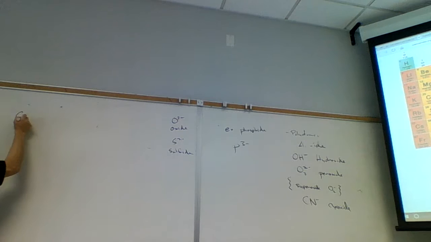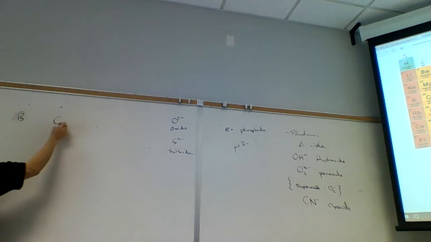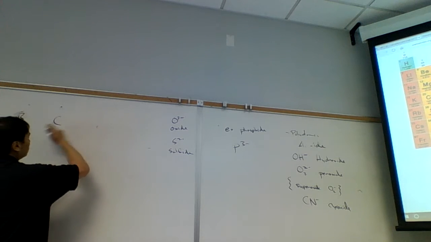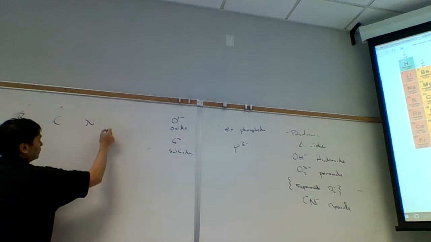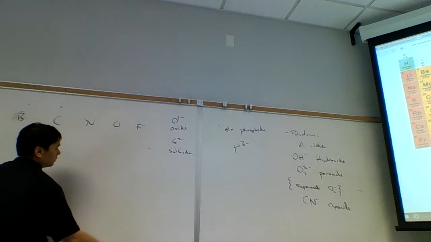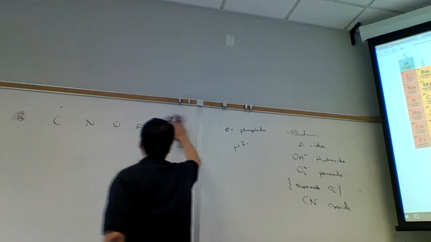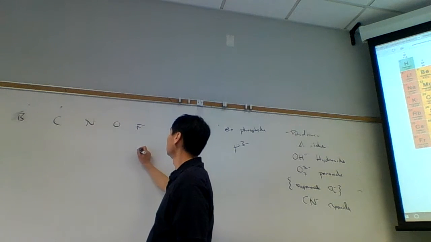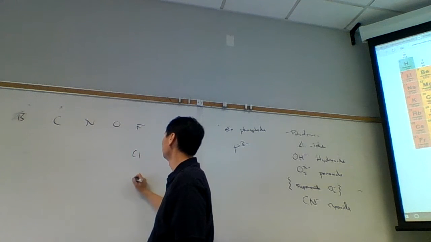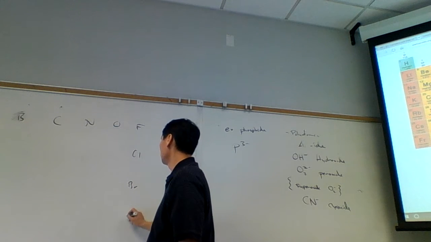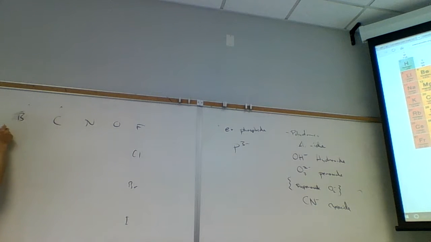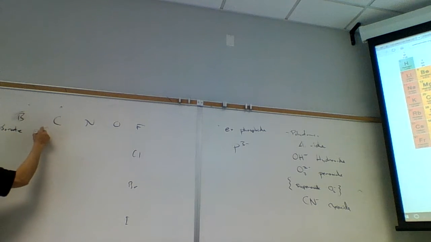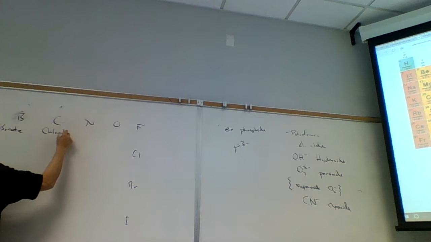So, in the periodic table, we're going to start with B, C, boron, carbon, who's next? Okay, we'll go down from fluorine. Fluorine to bromine to iodine. Okay, so we have these ions like borate, chlorate, nitrate.